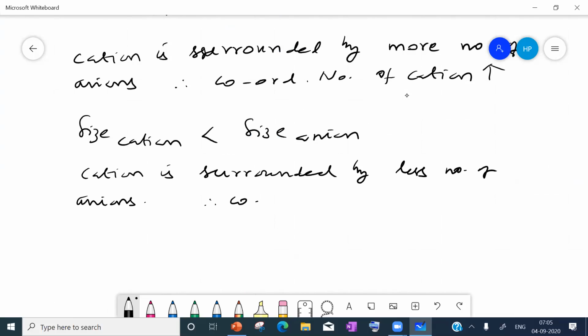Therefore, coordination number of cation is less. That is a fact. So based on size, it will vary. Anyhow, cation will be surrounded by anions only.